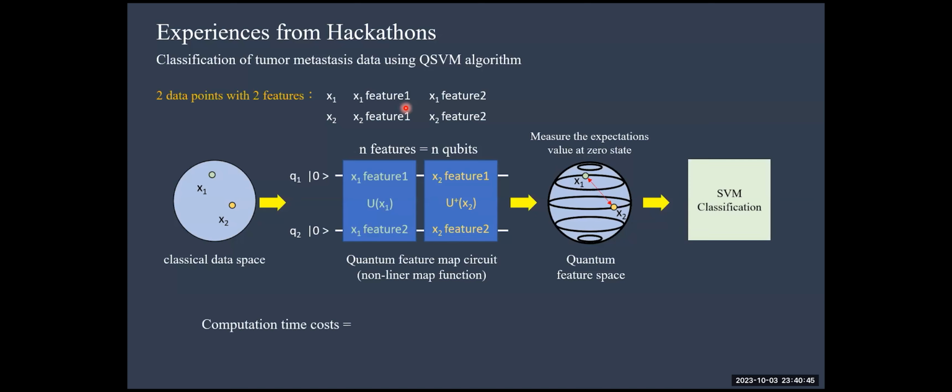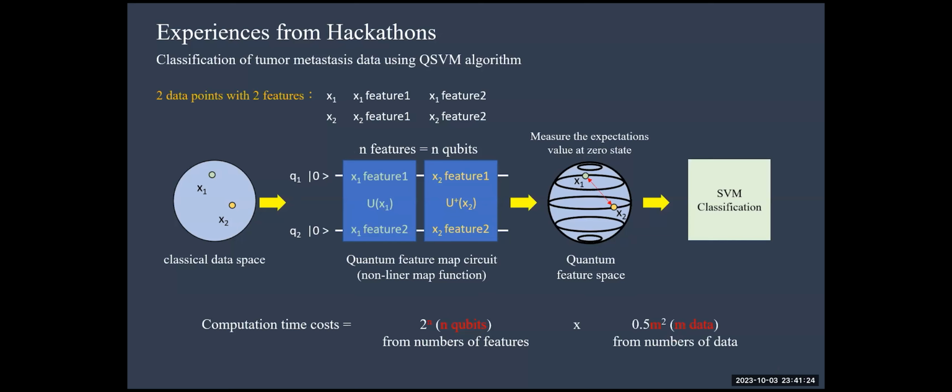So the computational cost of the QSVM algorithm consists of two main components. The first component involves computing the quantum feature circuit with n qubits. This computation cost is represented as 2 to the power of n due to the qubit superposition property.